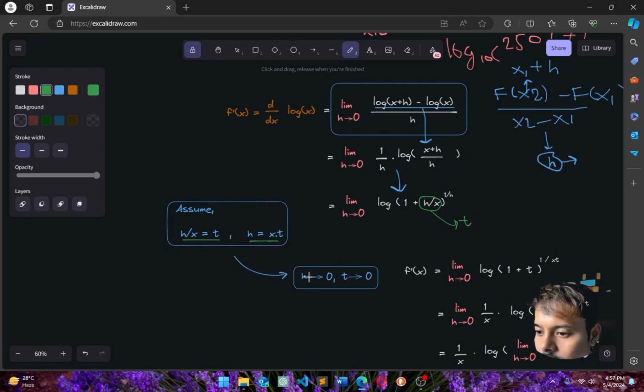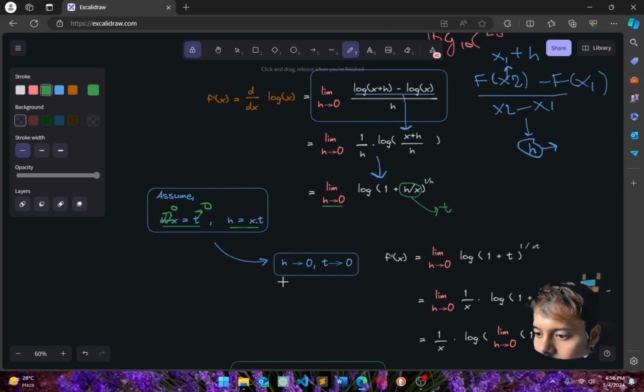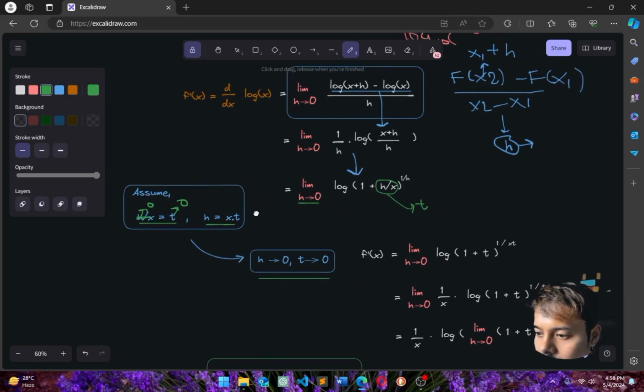Also, when h tends to 0, t tends to 0, because all of this is going to be 0. So that's why we get the corresponding t when we substitute h by x equals t.